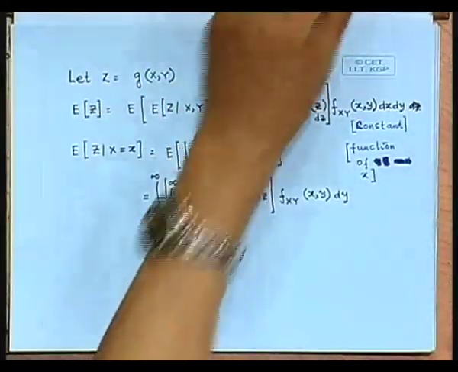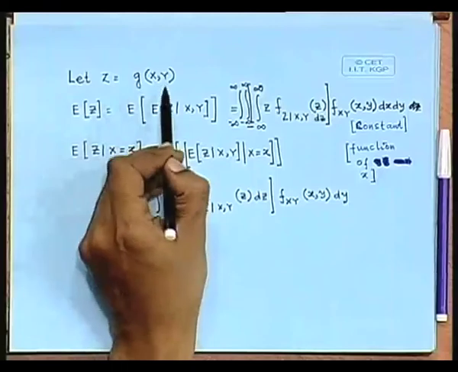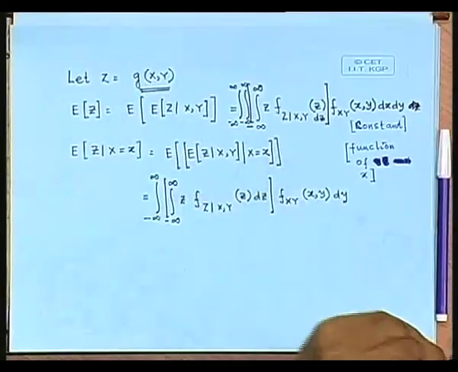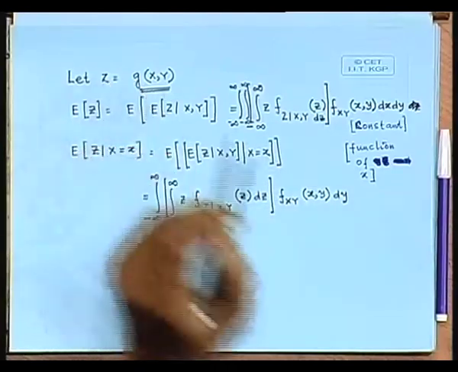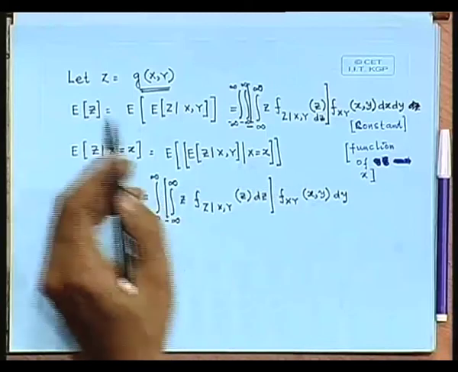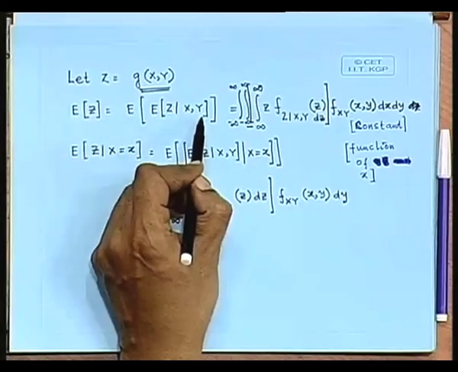Next, we can extend this same thing to functions of two random variables. For example, if you have z equal to g(x,y), so you have two random variables x and y, and z is a function of them. Now, what is the expectation of z? The expectation of z is the expectation of z given x and y.